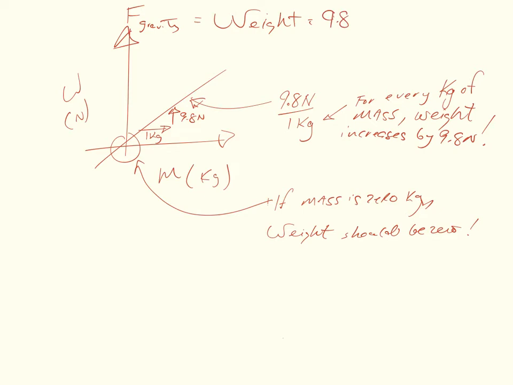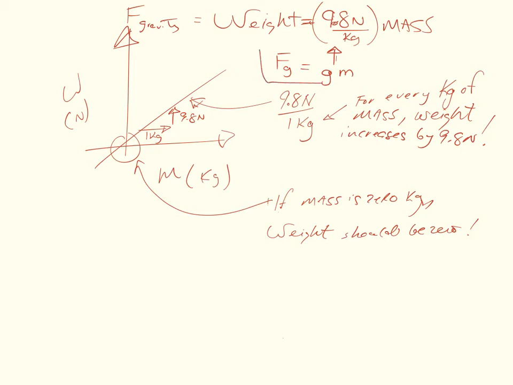Newtons per kilogram, times mass. We call the slope G, and we write m for mass, and we could write F_G there.